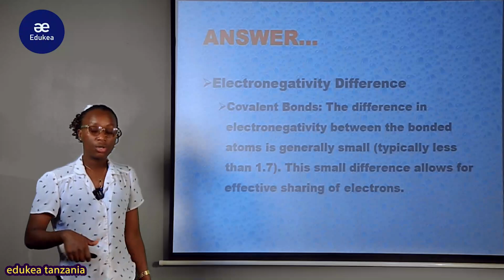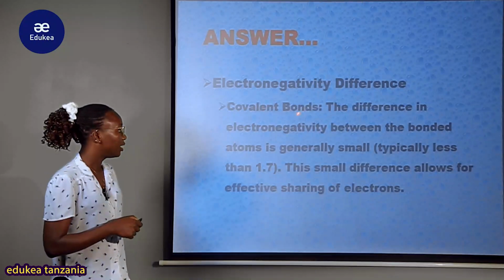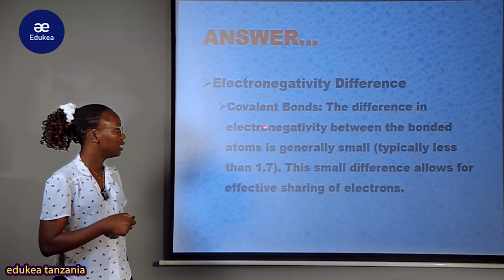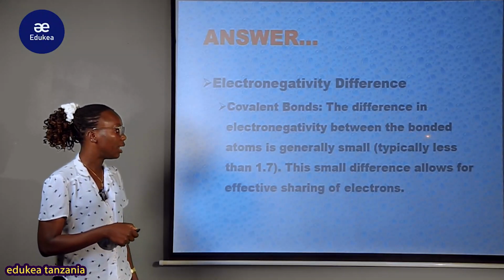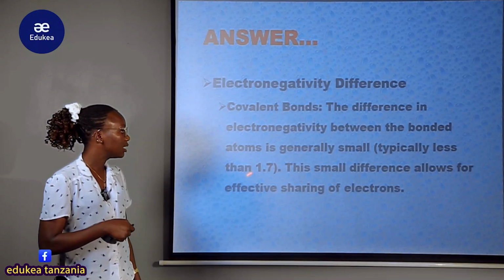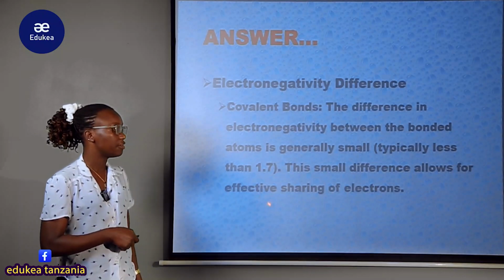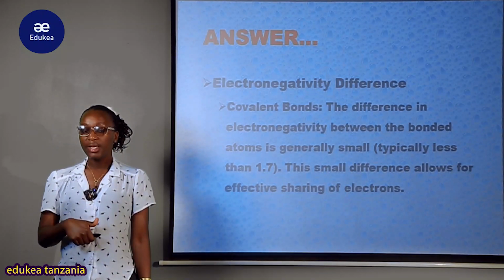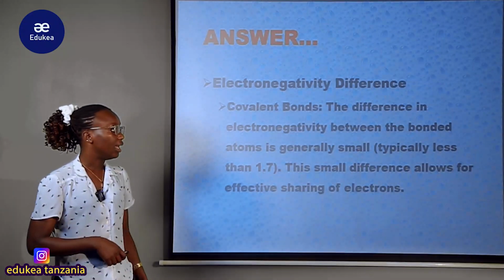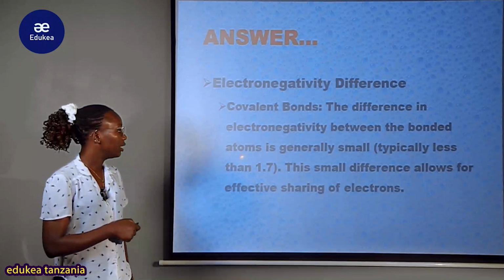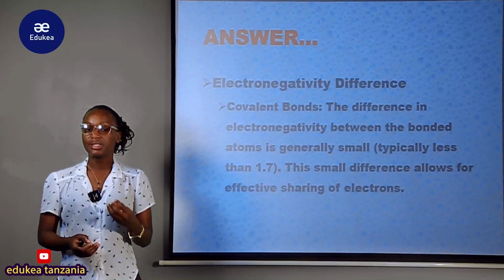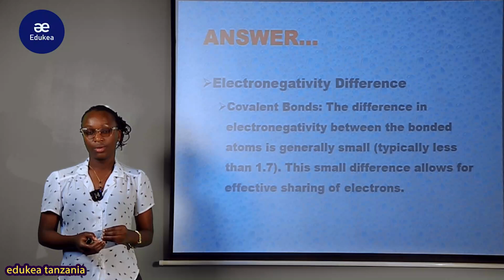Okay, as usual, we start with the covalent bonds. The difference in electronegativity between the bonded atoms is generally small, typically less than 1.7. So in a covalent bond, the electronegativity between the bonded atoms, mean that zile non-metals 2, it is typically low.